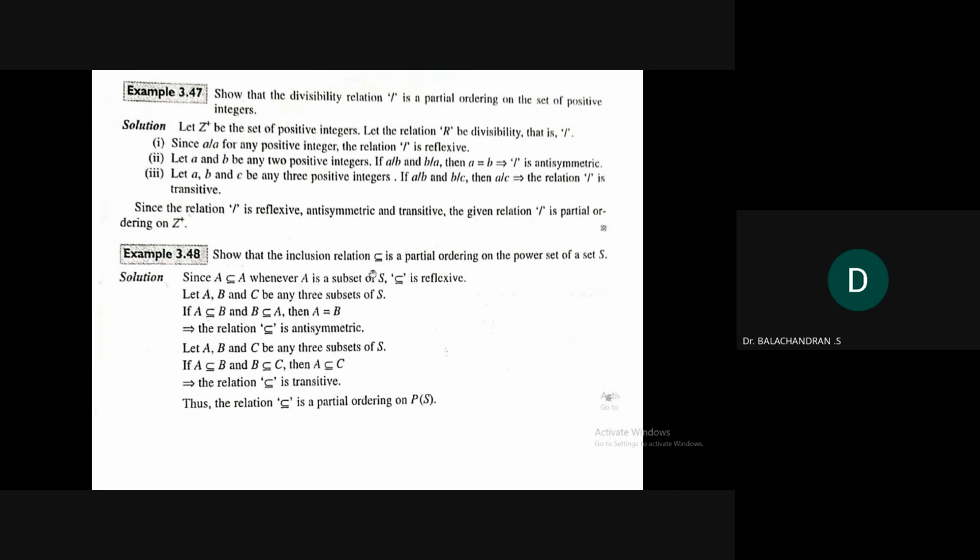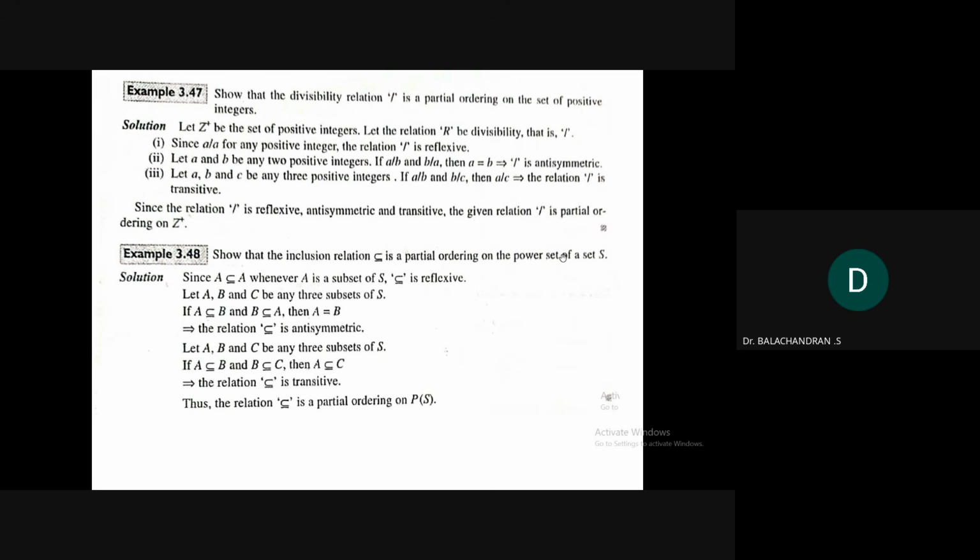Third example, set inclusion. This is a notation. What is a set here? It is the power set of S, where S is a given set.